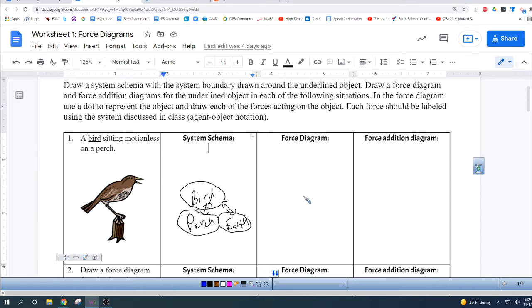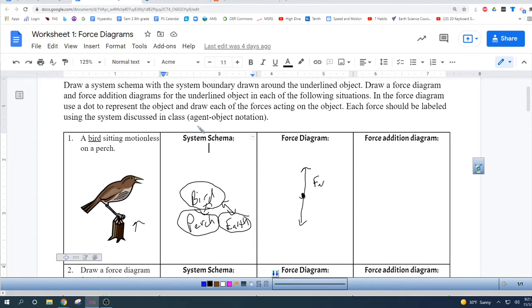For our force diagram, we make our object a circle, and we show our forces by vectors. Vectors have both direction and magnitude. The upward force in this case is the perch pushing the bird up. That may seem a little odd to you, but we call that a normal force, or force normal.